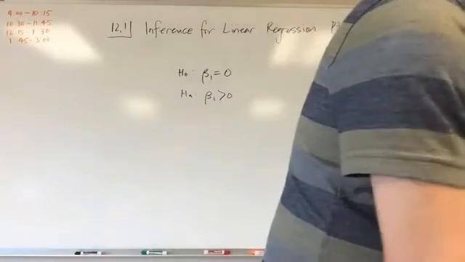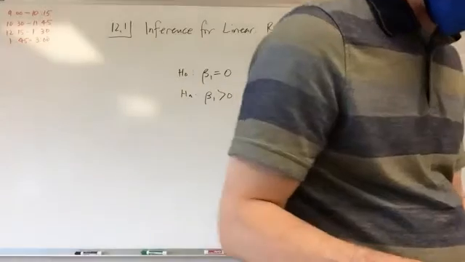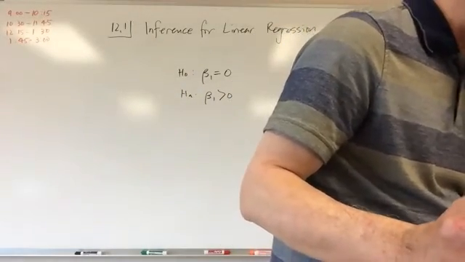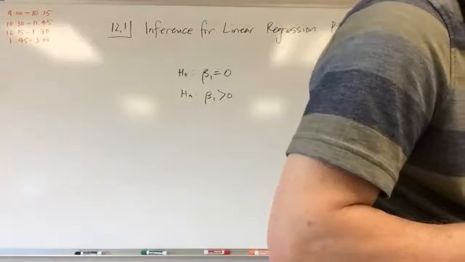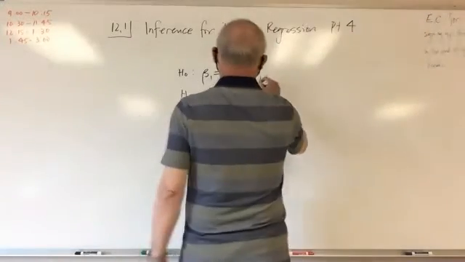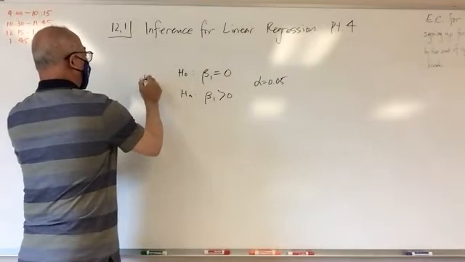Okay. Did it give us an alpha level, or are we just going to go with 0.05? 0.05. Oh, is it at the top? Okay, so alpha is 0.05. Okay, so this is the state.